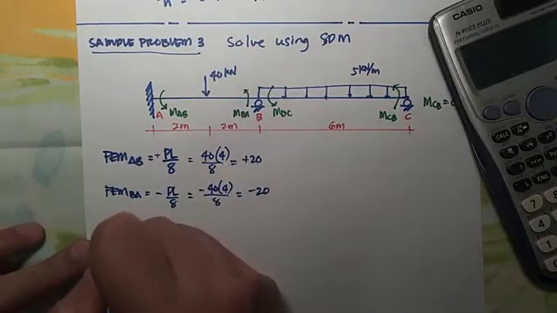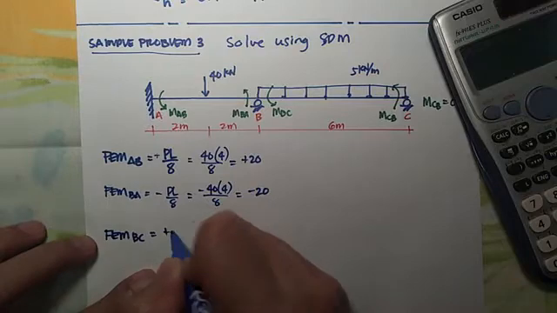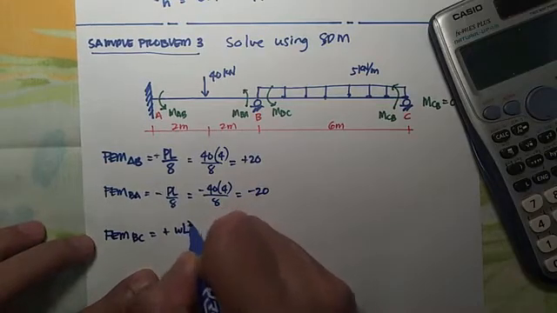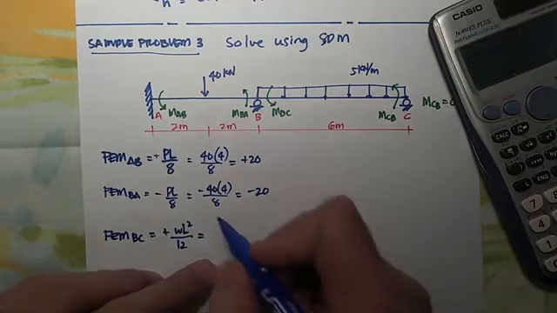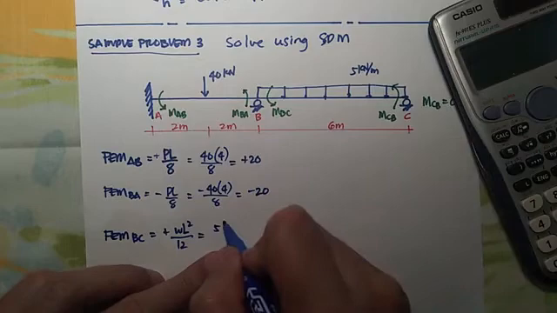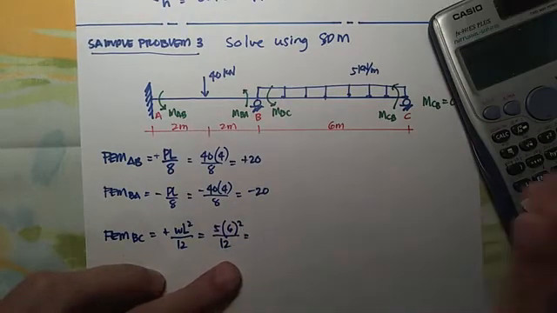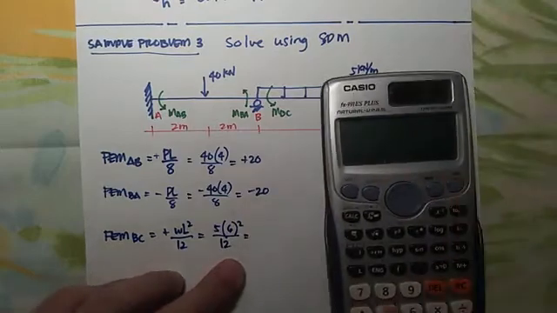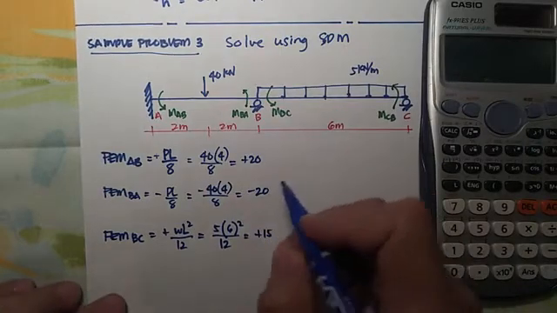Now, what about the fixed end moment on segment BC? FEM on BC is equal to positive wL squared over 12, as we have derived before. w is 5 kilonewton per meter, the length is 6 meters, so 5 times 6 squared over 12 is positive 15.